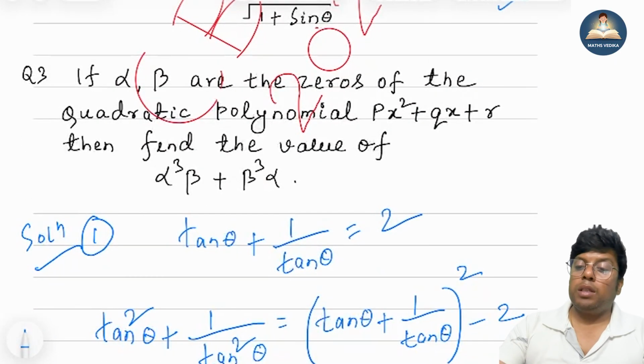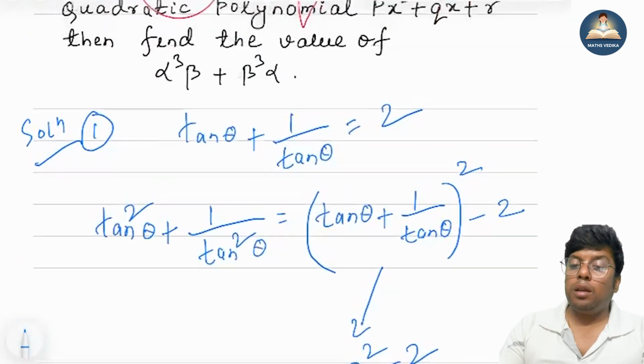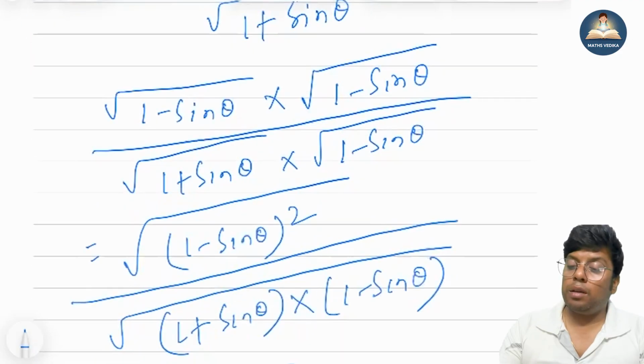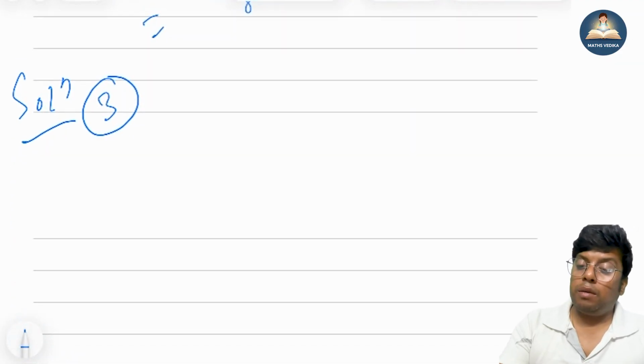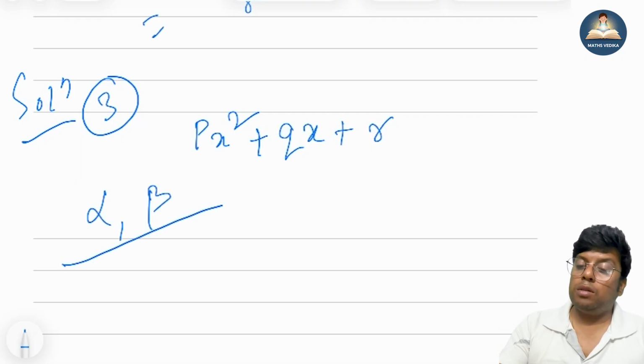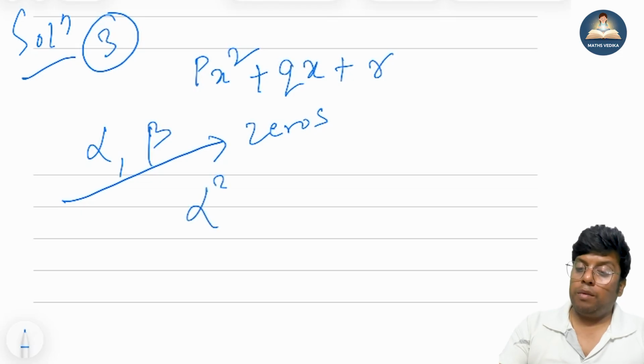Okay, now question number 3. Question 3 is, if alpha and beta are the zeros of the quadratic polynomial px square plus qx plus r, then we have to find the value of alpha cube beta plus beta cube alpha. Okay, so given quadratic polynomial is px square plus qx plus r, and alpha beta are zeros of the given polynomial.